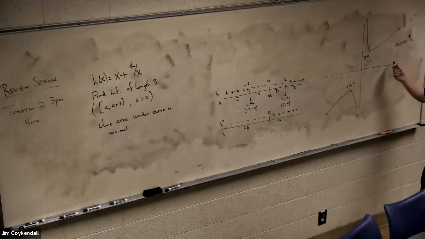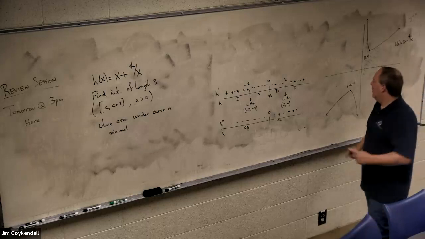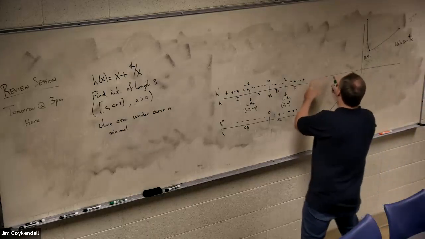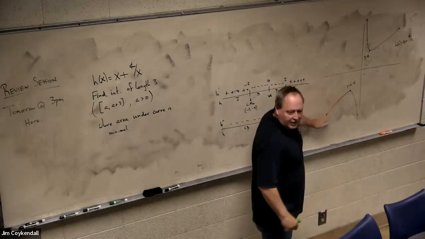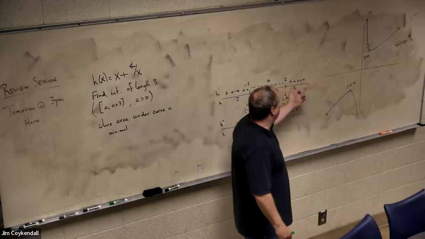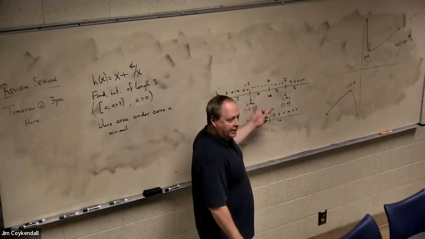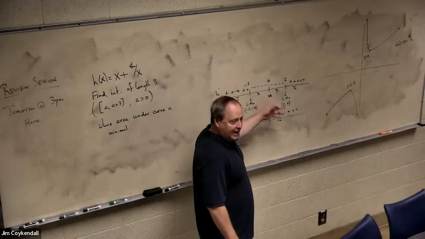Number one, first question, why did I say A is bigger than 0? The first problem is if you take an interval and go this way, the area gets negative. As you slide way out here, the curve is going down, down, down, so the area under the curve will actually be negative.